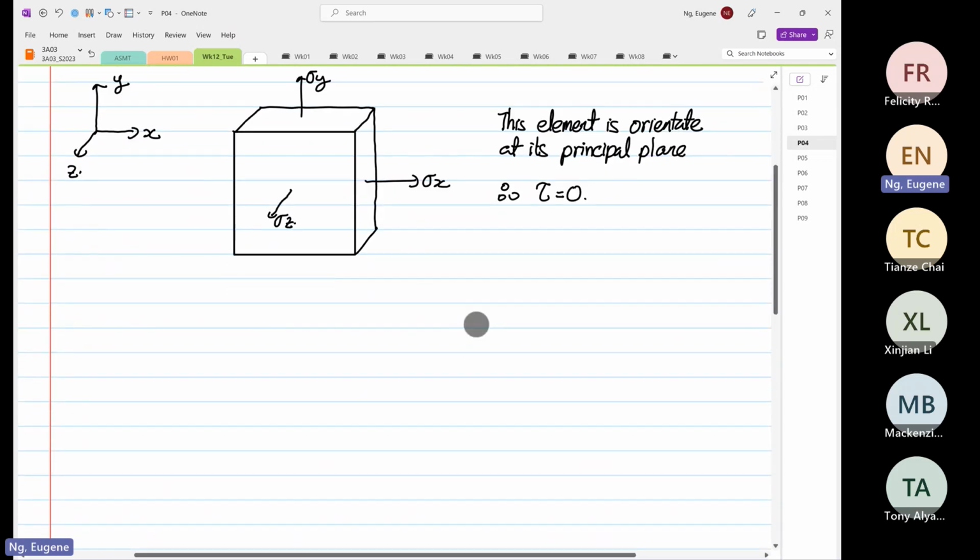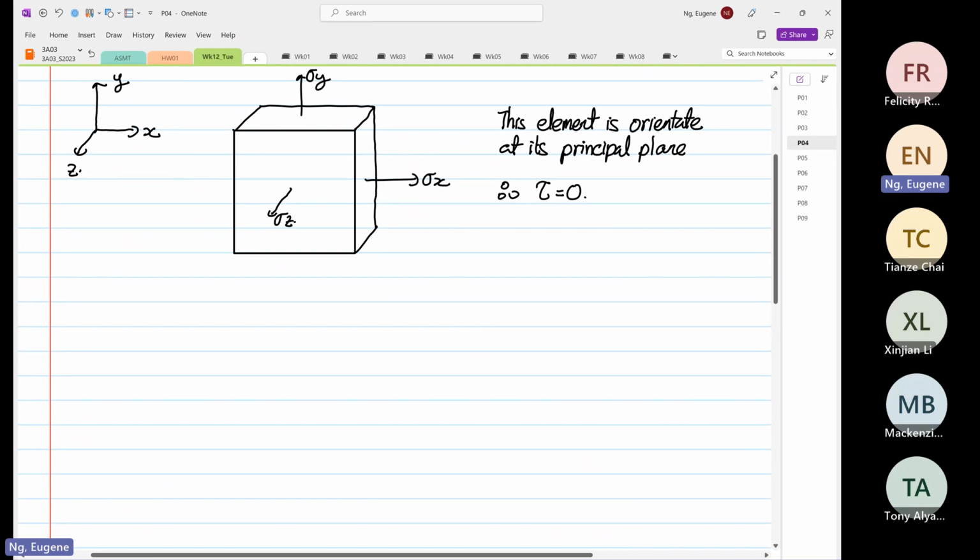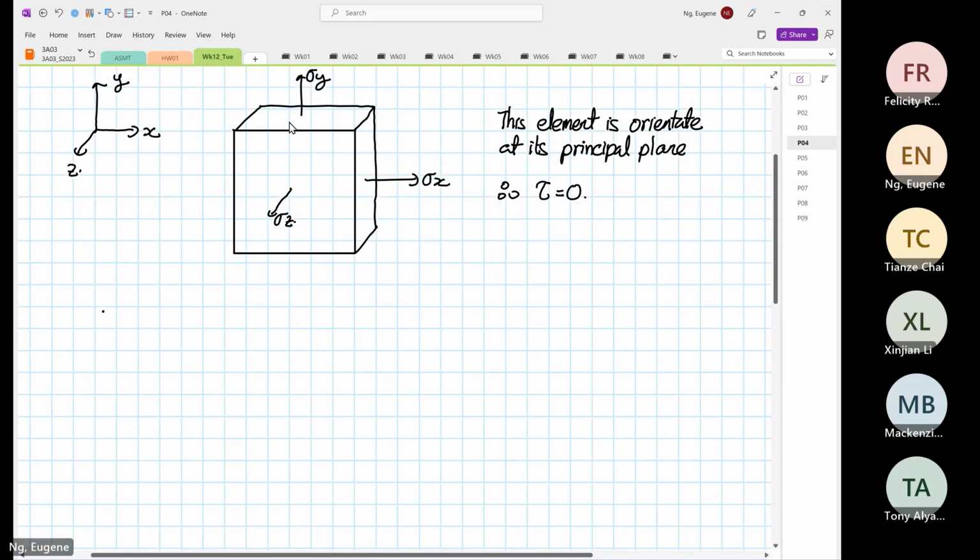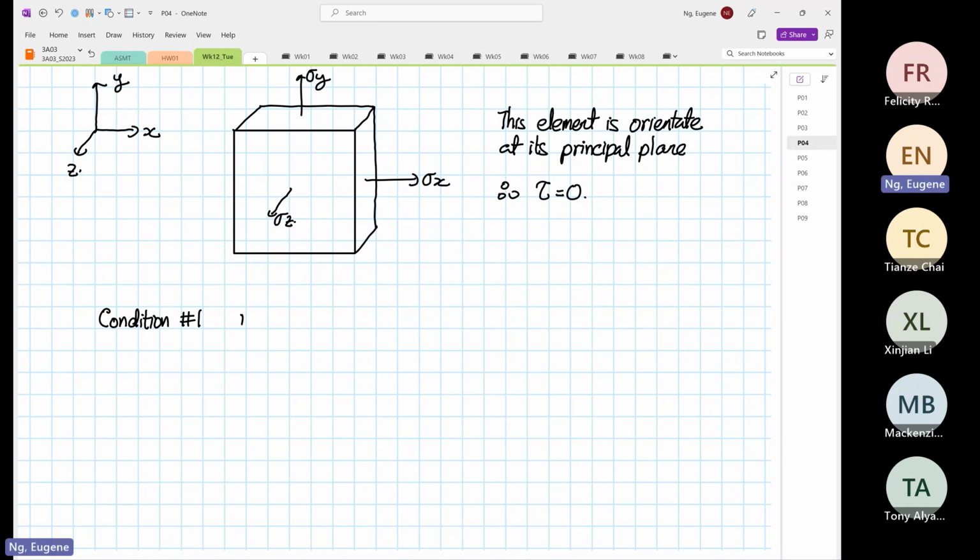So there's going to be three conditions. Okay, so condition number one. Because I need to construct Mohr circle, I'm going to use the graphing mode. Okay. So condition number one is where stress X is greater than stress Y. Okay, both are tensile.